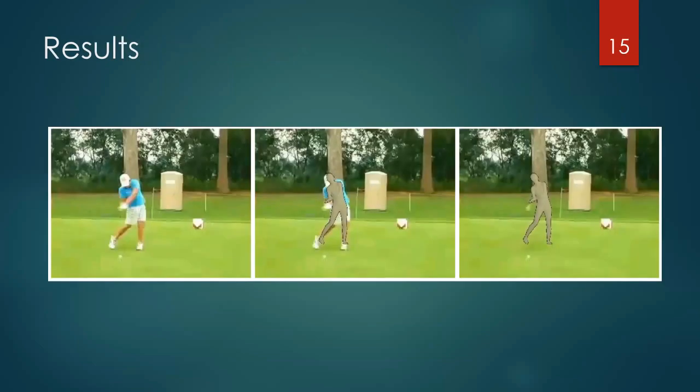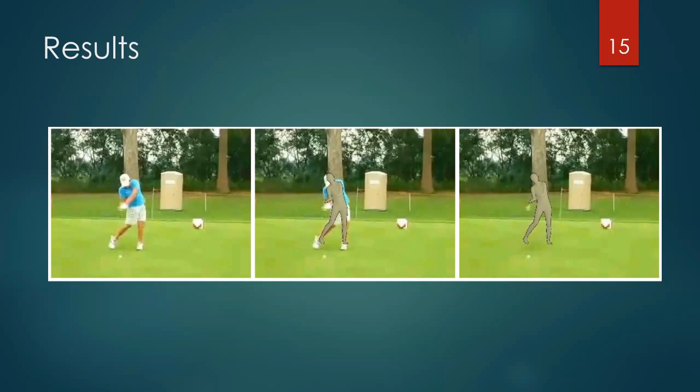So here we have an example of that. Essentially we have a person and we detect the person, estimate the pose and adapt the SMPL values. And we then insert a virtual avatar inside the same place as the person.